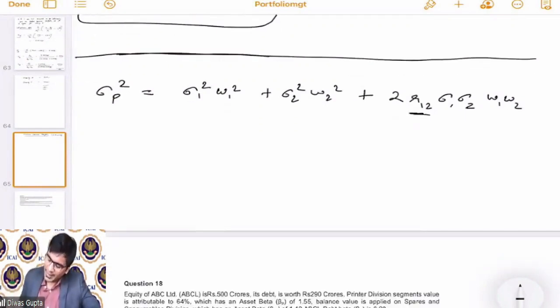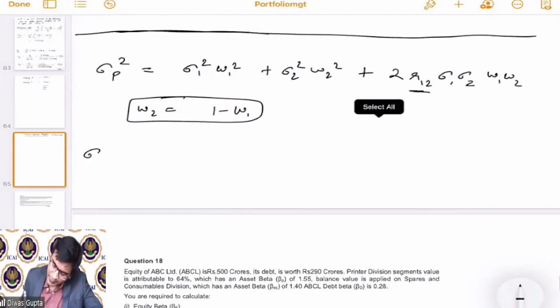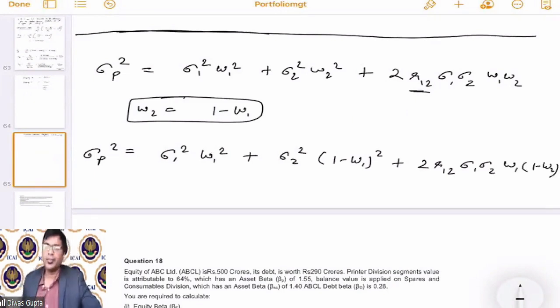So this R12 we also have to multiply in this formula. Now if we replace W2 by 1 minus W1 in this, we can rewrite this as: plus 1 minus W1 whole square, plus 2 R12, standard deviation 1, standard deviation 2, W1 and 1 minus W1.